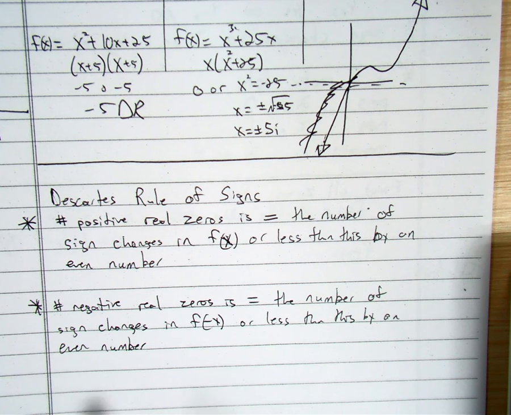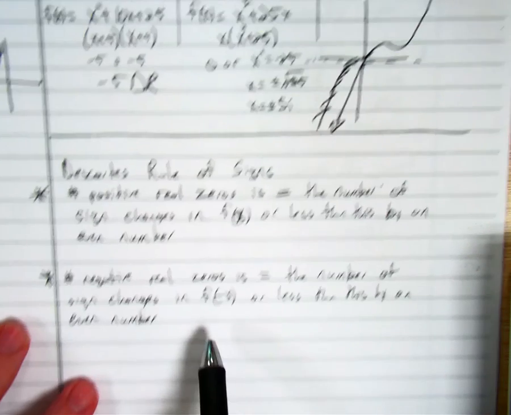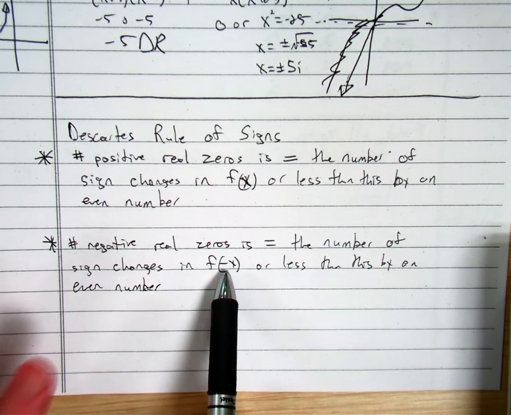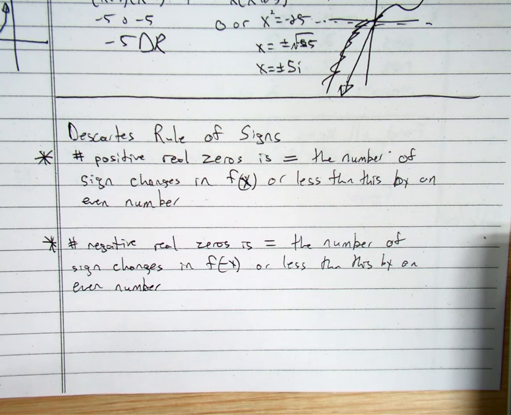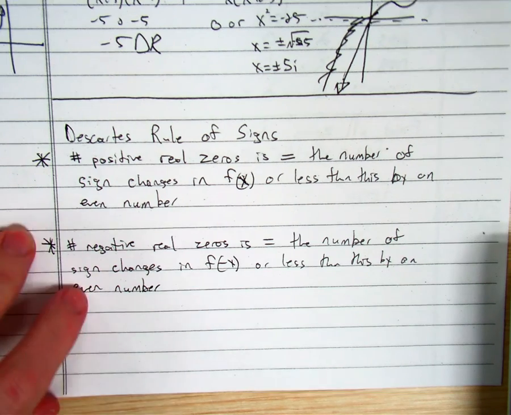Negative real zeros is equal to the number of sign changes in f of negative x. Okay, and that gets tricky if you overthink it. I'm going to show you a way to do it where you don't overthink it and why that works. You just have to go with that. If you try to overthink it, you're going to make life more difficult for you.